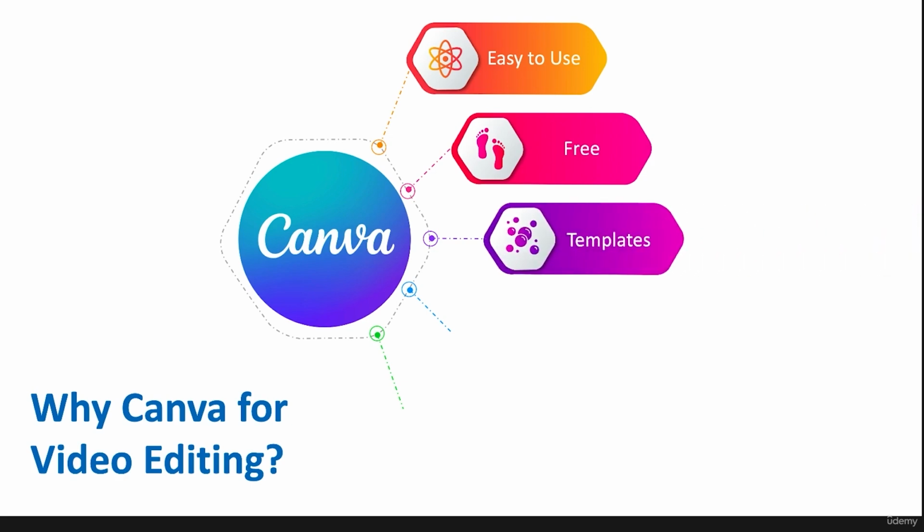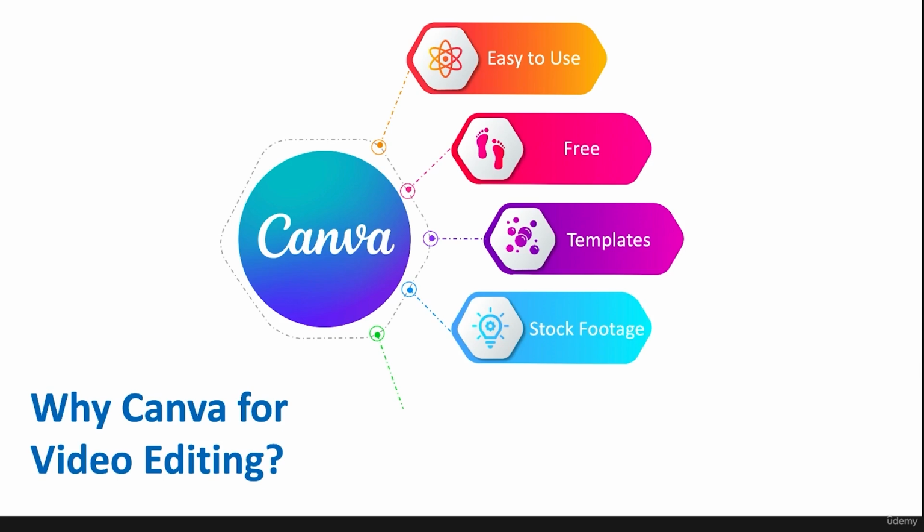And then we have templates. Canva provides a variety of templates that can be customized to suit your needs regardless of what you are creating. You can easily customize them to suit your own design or to suit your own brand. And then we have stock footage. Canva has a vast library of stock footage that can be used in your videos.